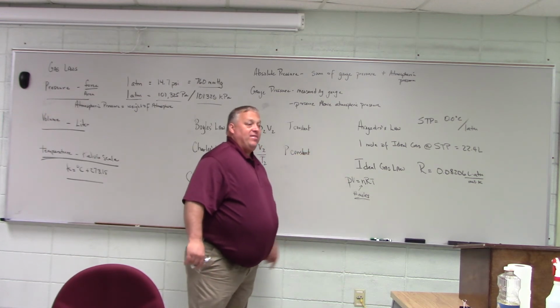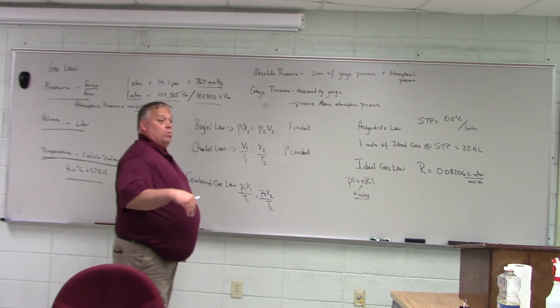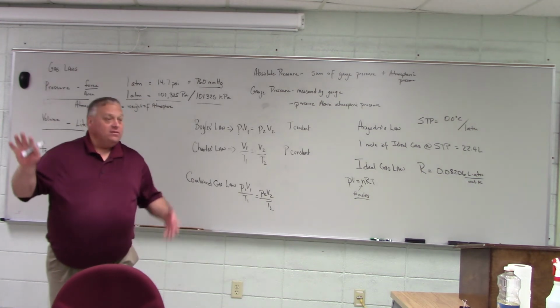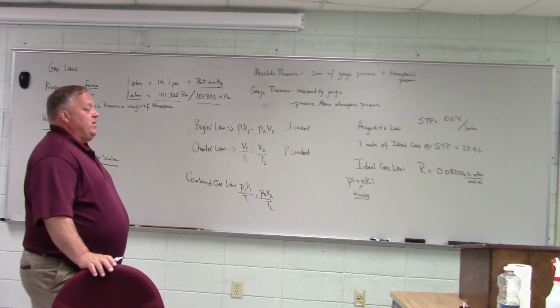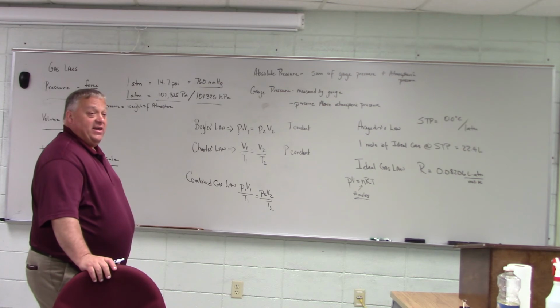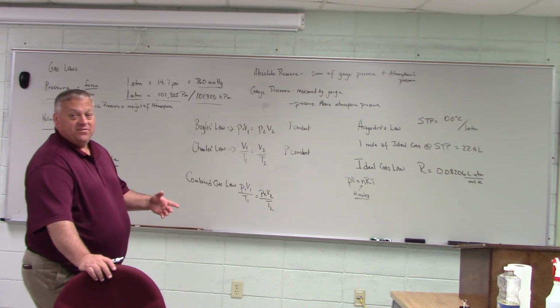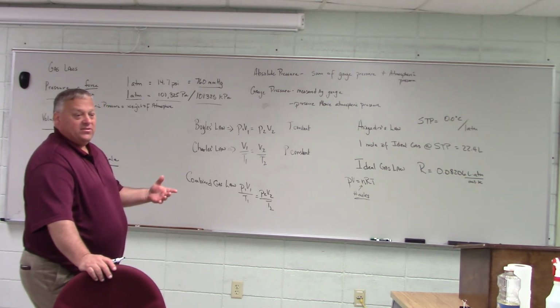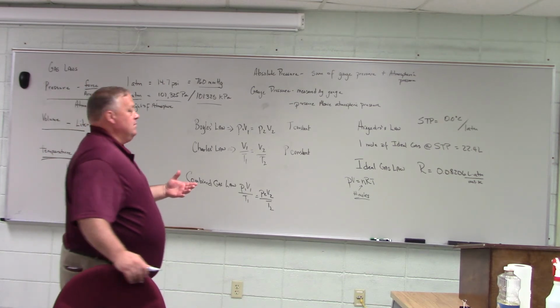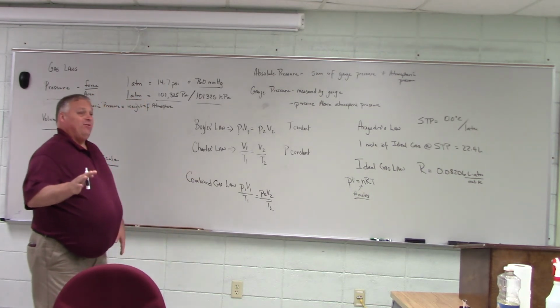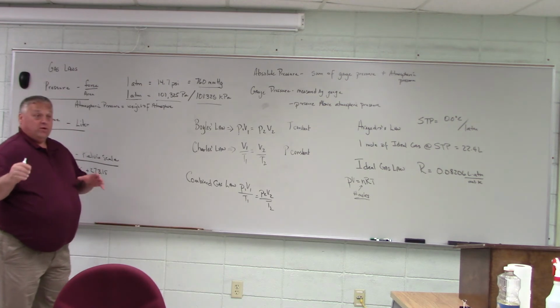R is always going to have that value when we're working problems in Chem 1. Now in Chem 2, when you get into talking about energy, R is going to have a different value, different set of constants, different set of units.